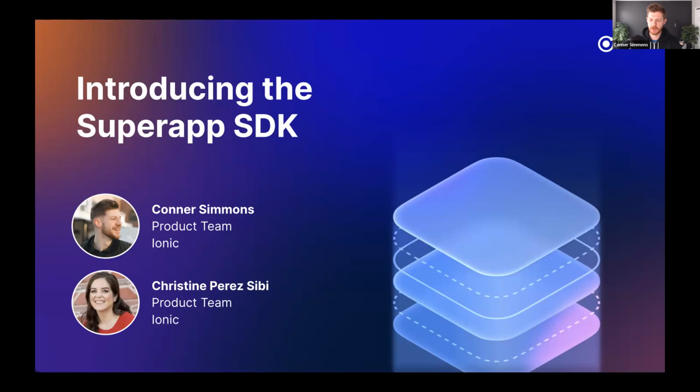Awesome. I think another good one here is someone asking, what's the difference here with micro front ends? Maybe provide some clarity around that distinction. So the way I think of micro front ends versus super app is that micro front ends are a way of including smaller experiences into a larger application.